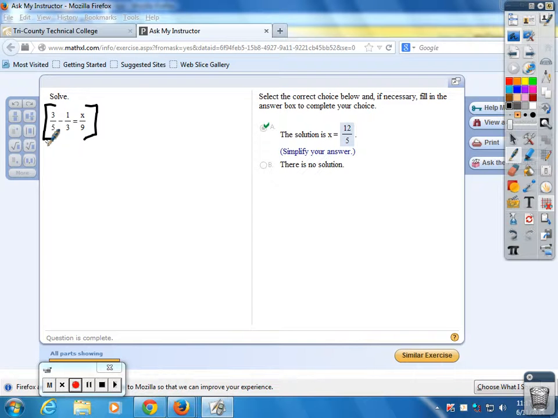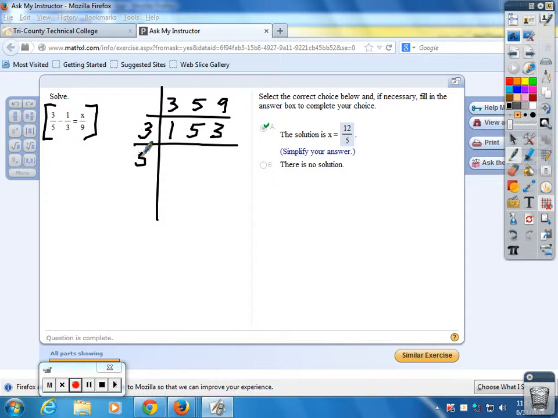What is the common denominator of 3, 5, and 9? Well, let's look. 3, 5, and 9. 9 times 5 is 45, so you multiply each term by 45 over 1.